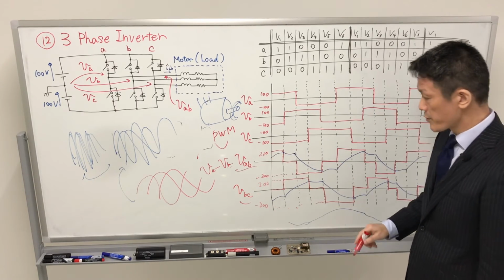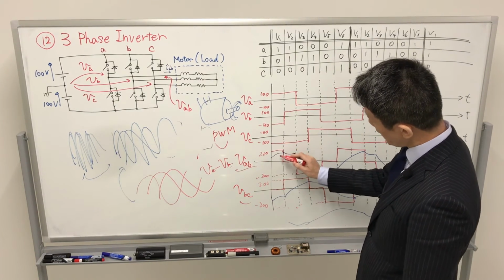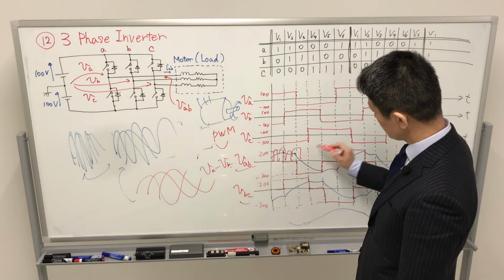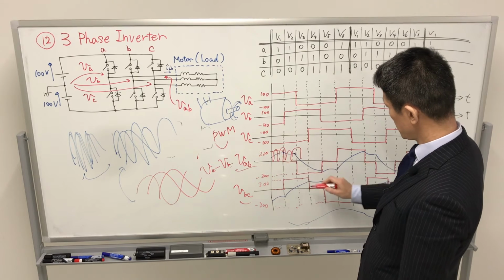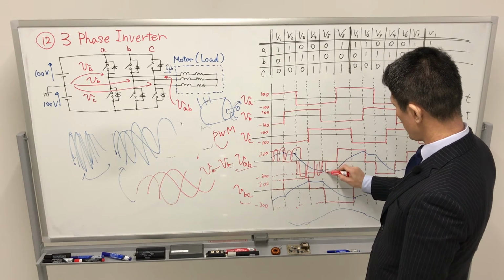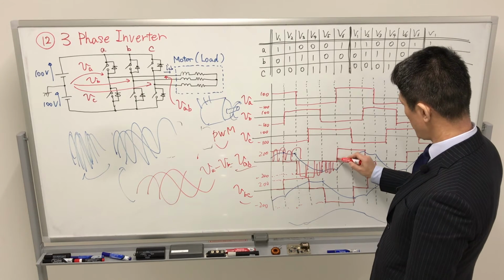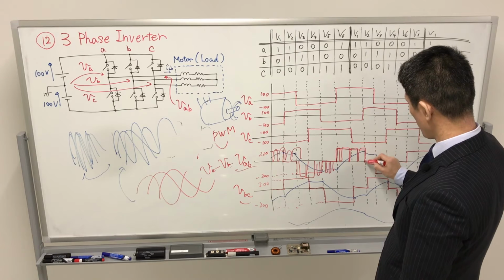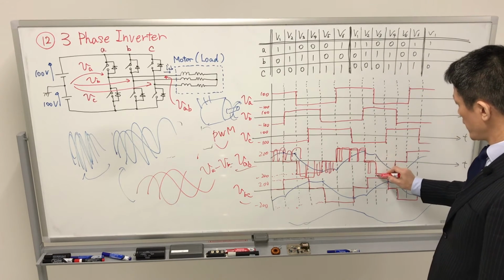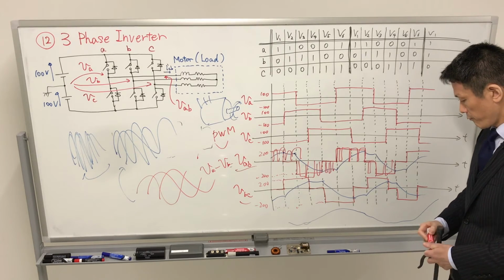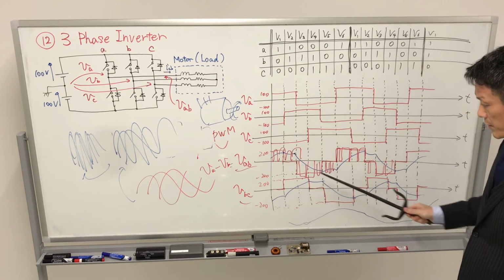Pulse width modulation. In the real one, the switching timing is thin and the width increases and decreases. This is the image, but the real timing is this line.